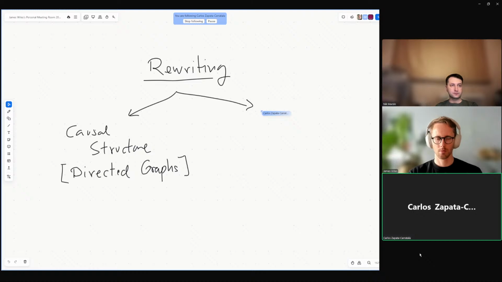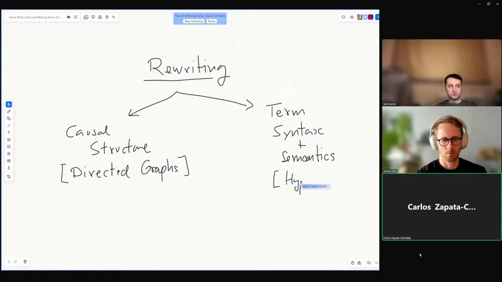And the other is about term syntax and semantics, which, because we are the Wolfram Institute, we typically will think about hypergraphs or strings. And so on.